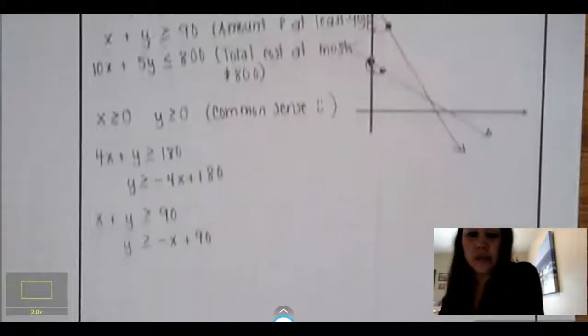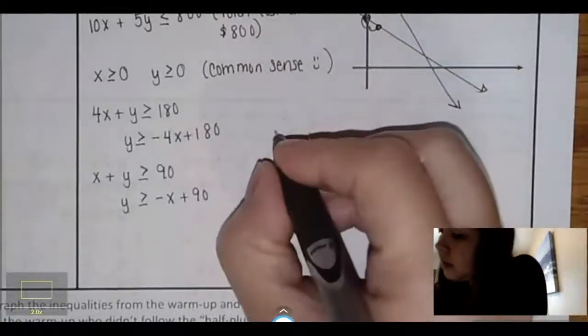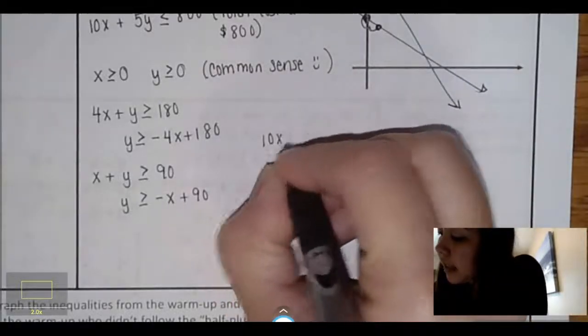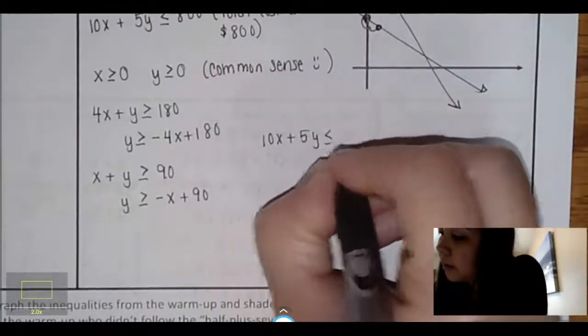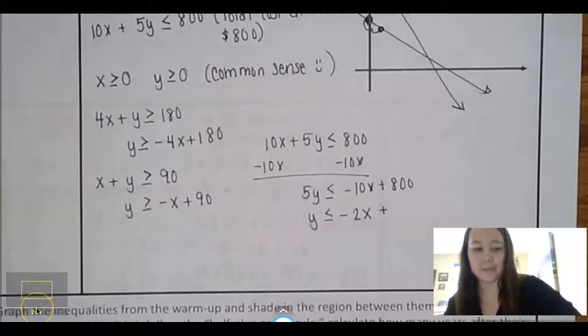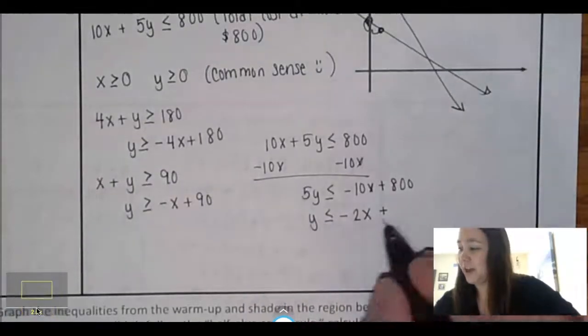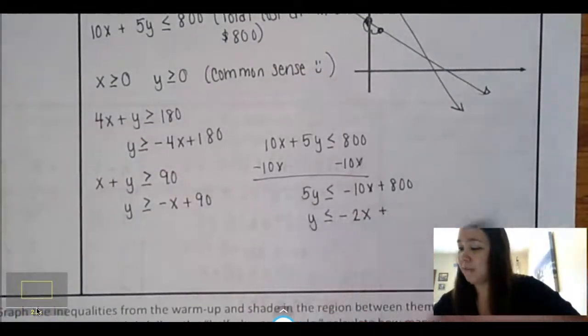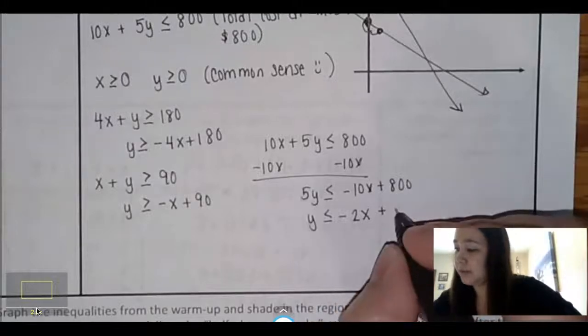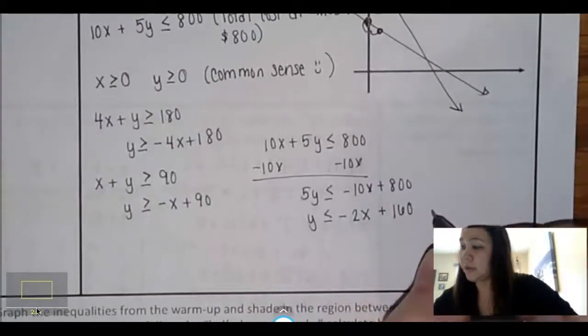And then my third equation, 10x plus 5y less than or equal to 800. I'm dividing by 5 here, so I'm going to get negative 2x plus 160.